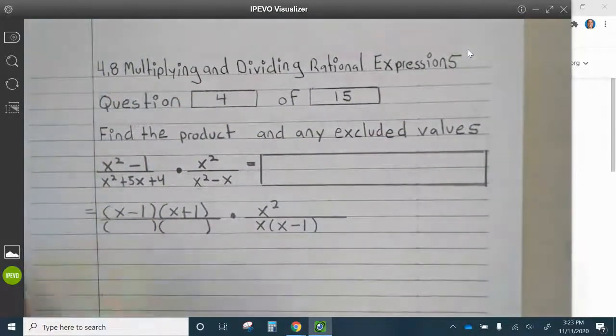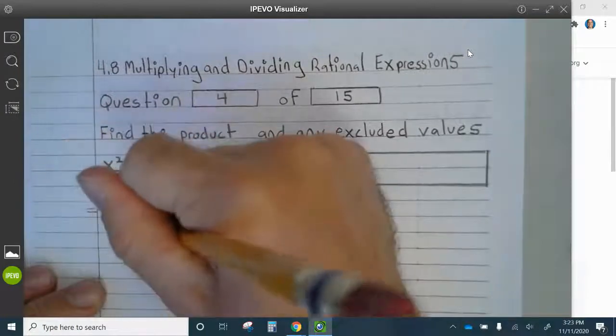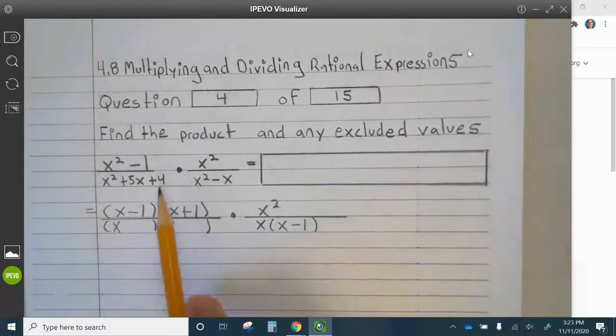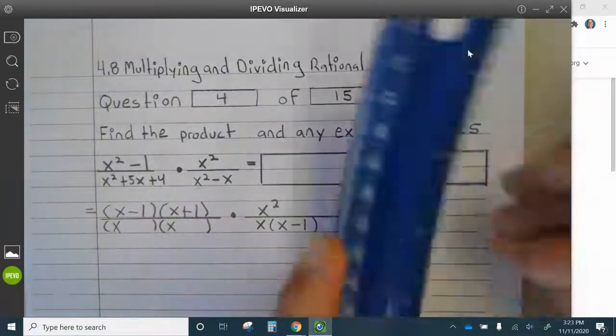Okay, so now we know x times x. Okay, now we need to find out what numbers multiplied to give you 4 and combine to be 5.